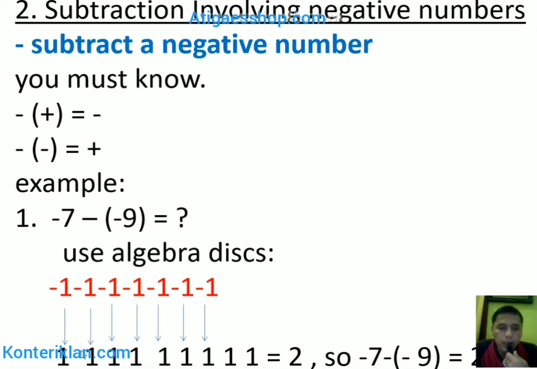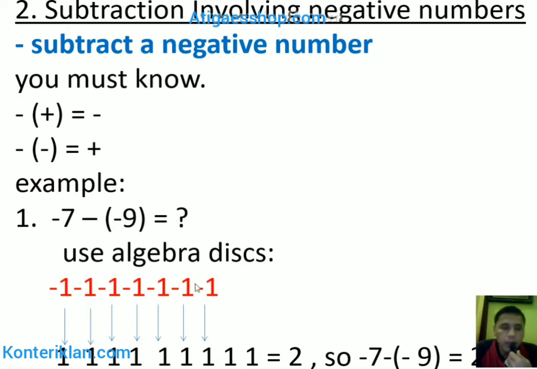And why is this one positive? Because negative meeting the bracket negative should be positive, so this one is positive. So put 1 in 9 times. You can count now: 1, 2, 3, 4, 5, 6, 7, 8, 9 times.